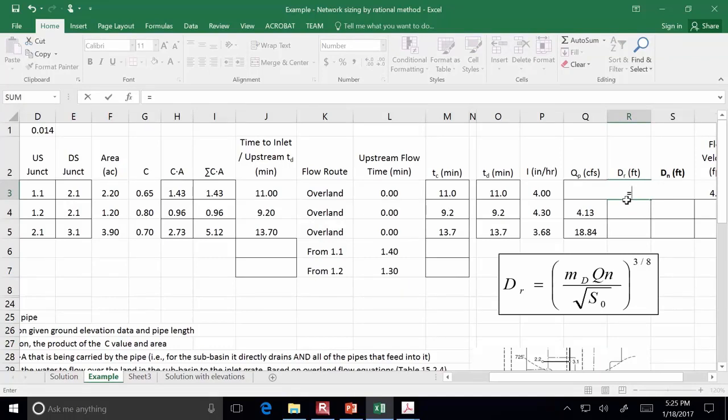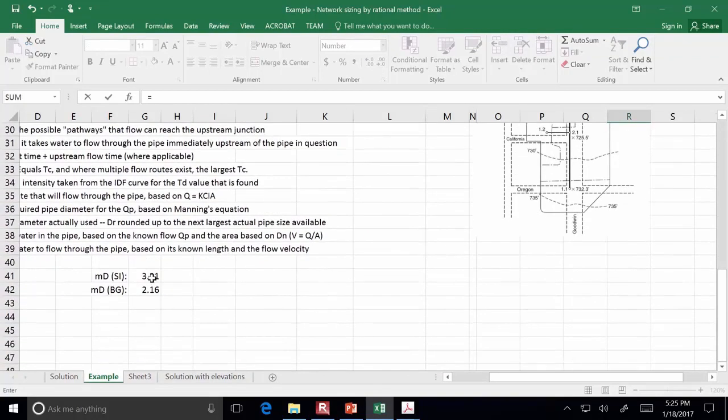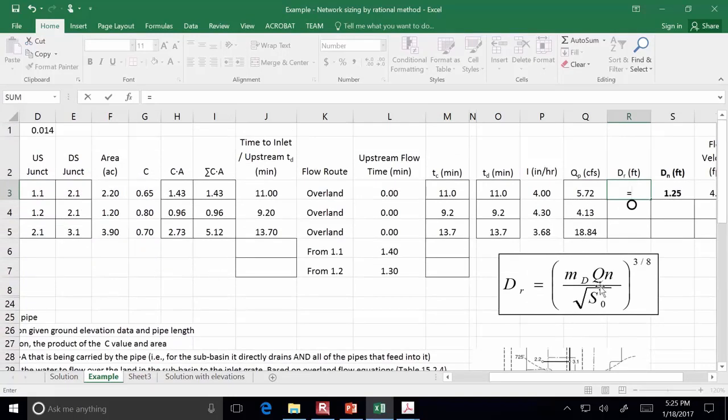We're working in BG units, so we're going to use 2.16 for the M sub D. Okay, so I'm going to have a parentheses, then 2.16 times the Q, which is this peak flow rate, times the N value. And the pipe material that we're using here is concrete with an N value of 0.014. That's what this cell is, the N value. So I'll just times and click there.